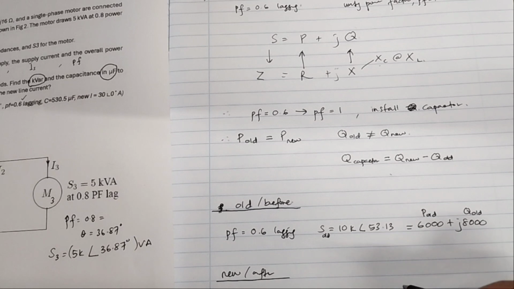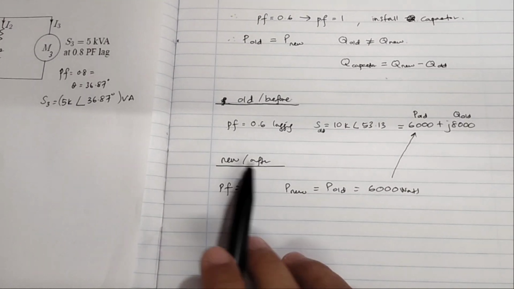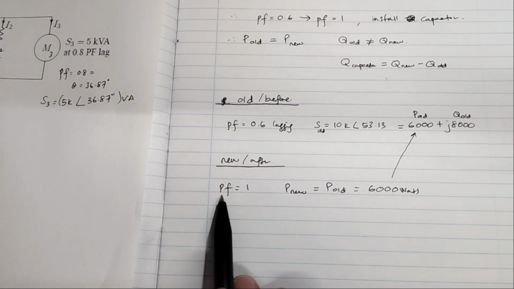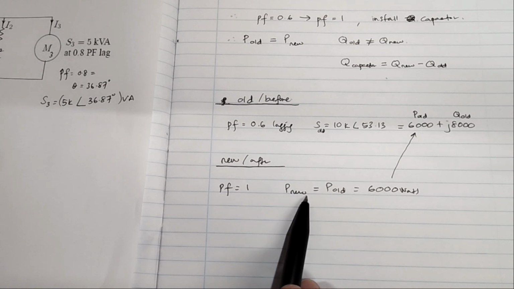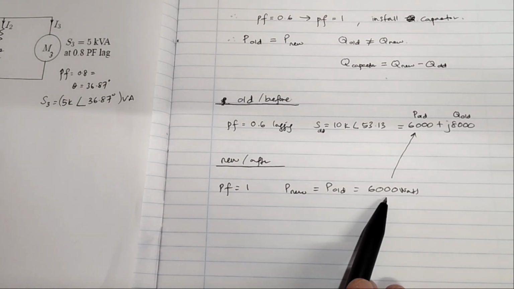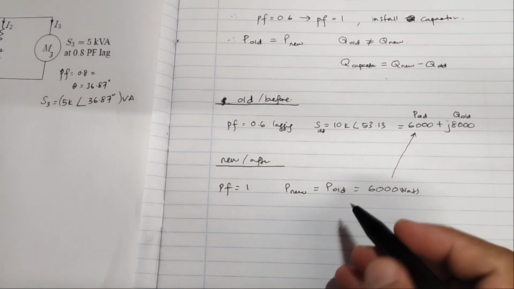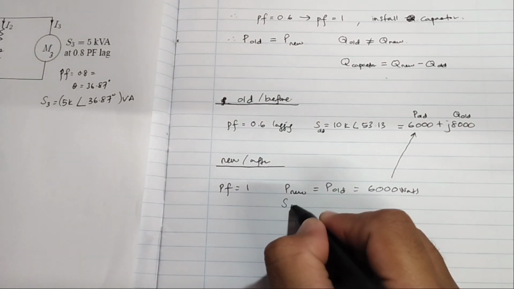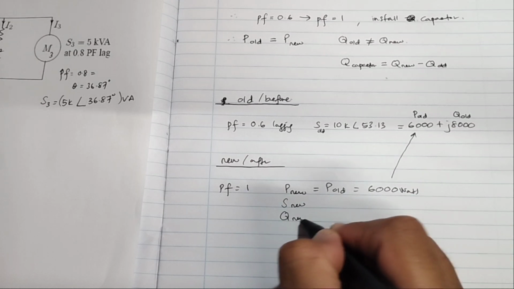Datang daripada P old. So, selepas perubahan, power factor akan jadi unity. P new still lagi P old, 6,000 watt. So kita kena cari sekarang ni S new, Q new. Macam tu.